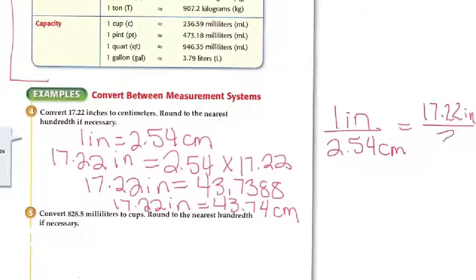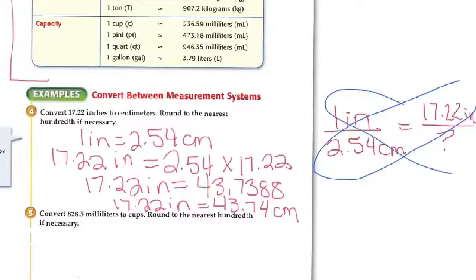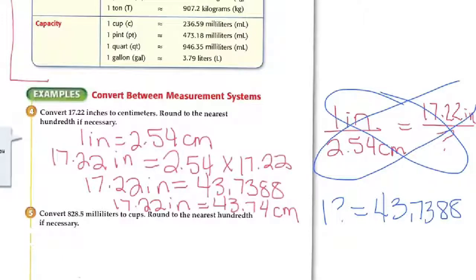And then this is my question mark, and then I would simply do my cross products here, and so that would be 1 times the question mark equals 2.54 times 17.22, which is 43.7388. That's how you end up knowing that this is 43.74, because you set up the equivalent ratios where you put inches to inches, centimeters to centimeters. It makes it very easy to know if you should multiply or divide.